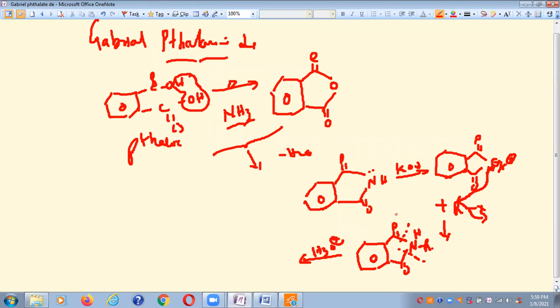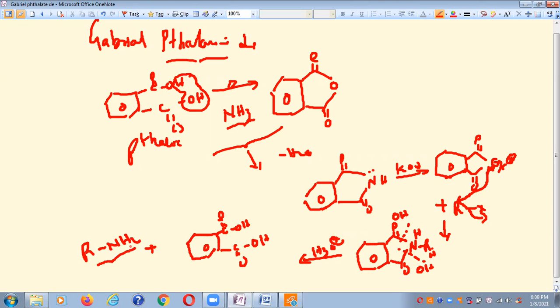This part will get OH, and this part will get OH, and this will be H2O. So again we get phthalic acid along with our desired product, RNH2, a primary amine. By this method we can prepare only primary amines, so this is exclusively for the preparation of primary amines.